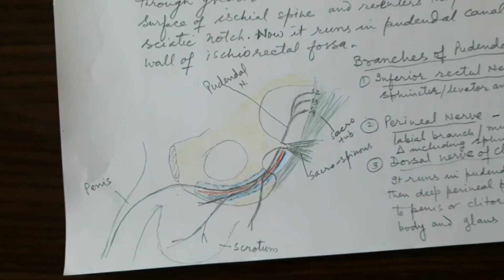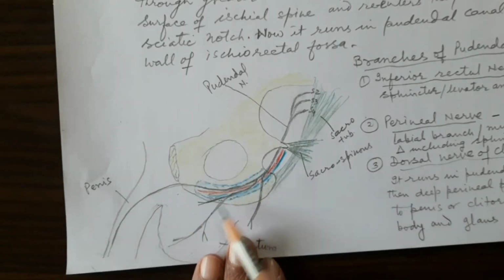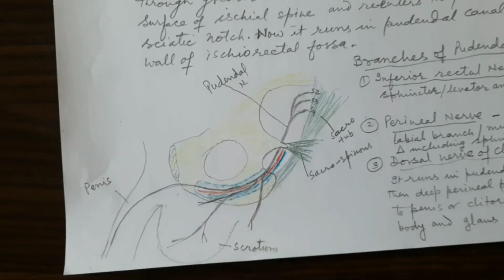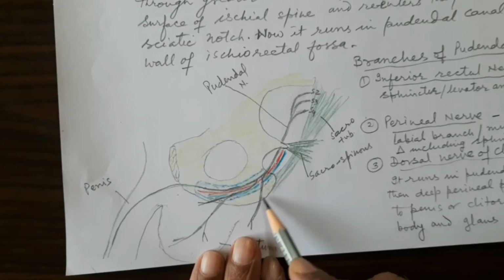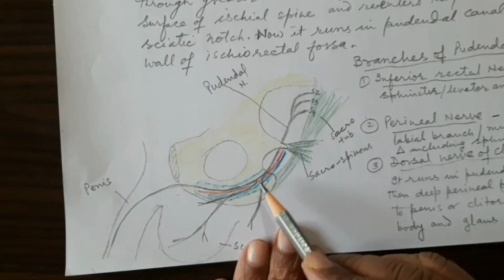The pudendal canal is a fascial canal which lies on the medial surface of the obturator internus muscle, which we have already seen, just above the ischial tuberosity. This canal is formed by splitting of the obturator fascia, the fascia lunata.